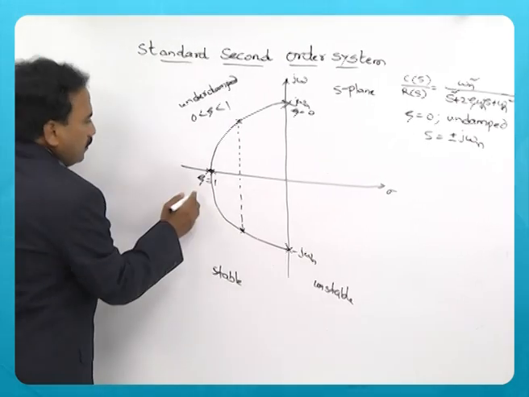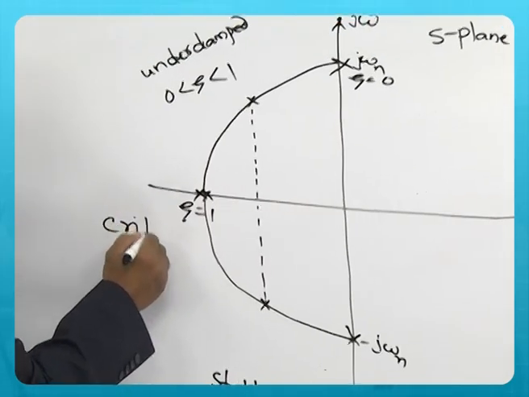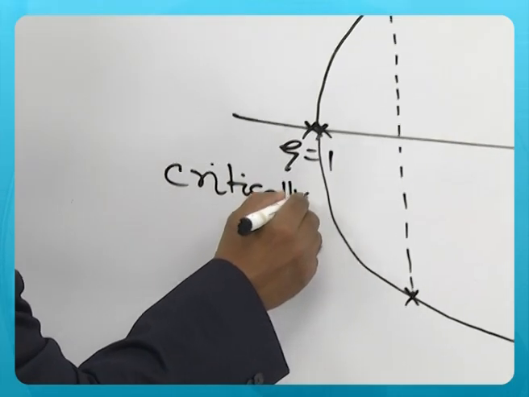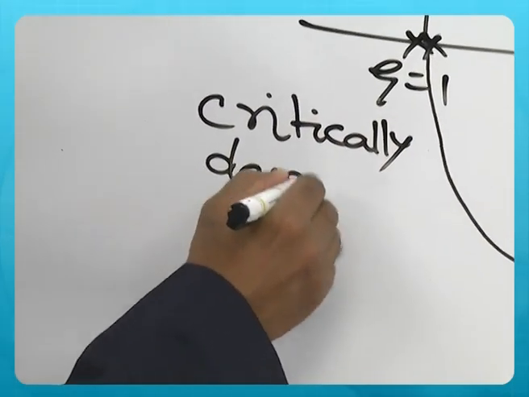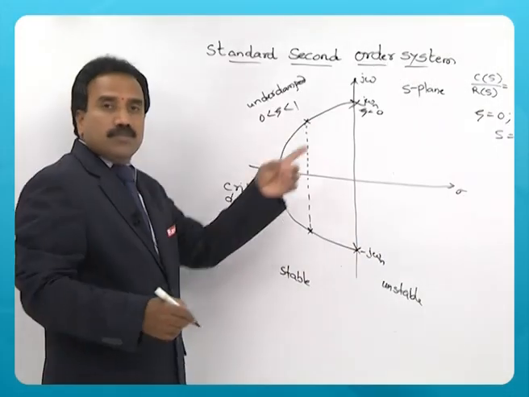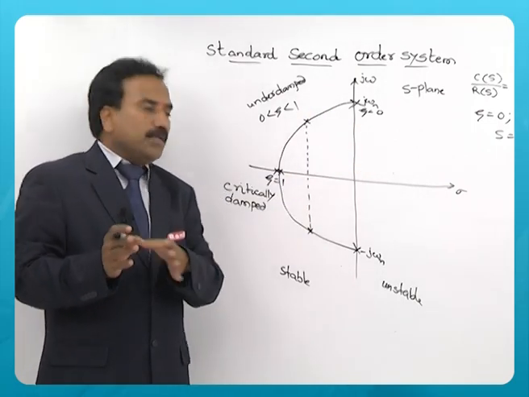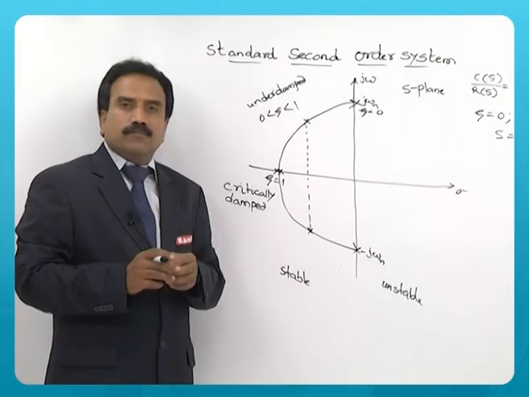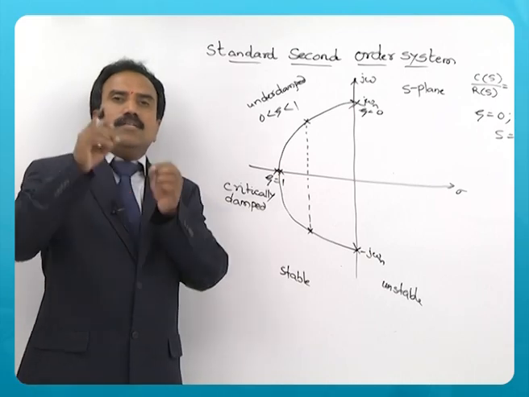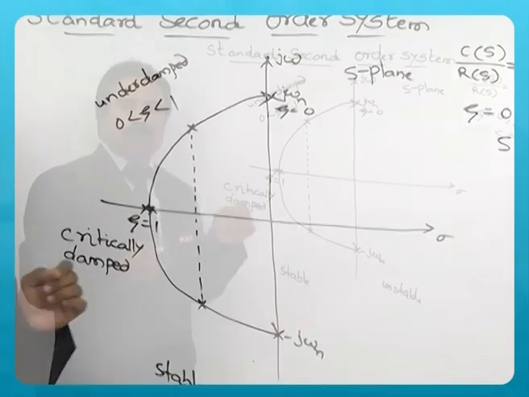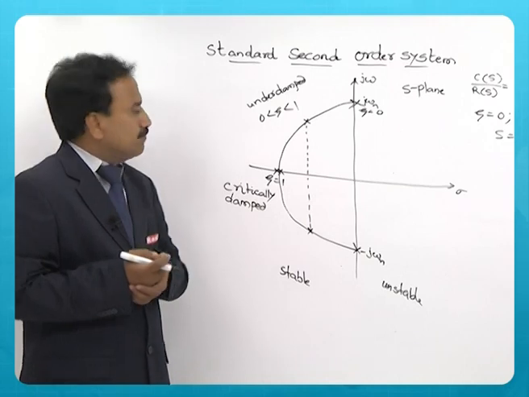So this is known as critically damped. A system is said to be critically damped when zeta equal to 1. Both the roots lie on the same point on the real axis without any imaginary part.